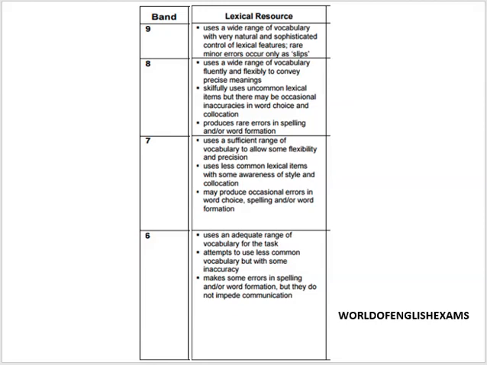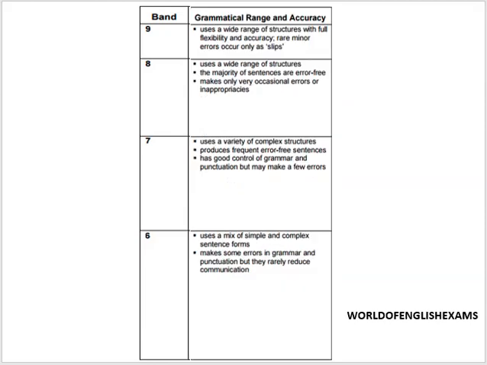Now let's jump to the last band descriptor, which is called grammatical range and accuracy. So similarly, we are going to look at the ranges from 6 to 9 for grammatical range and accuracy. For band 6, uses a mix of simple and complex sentence structures.